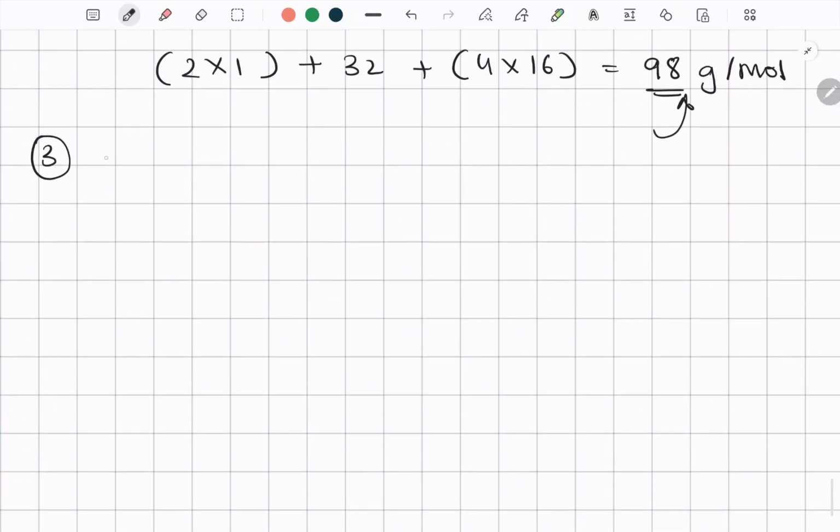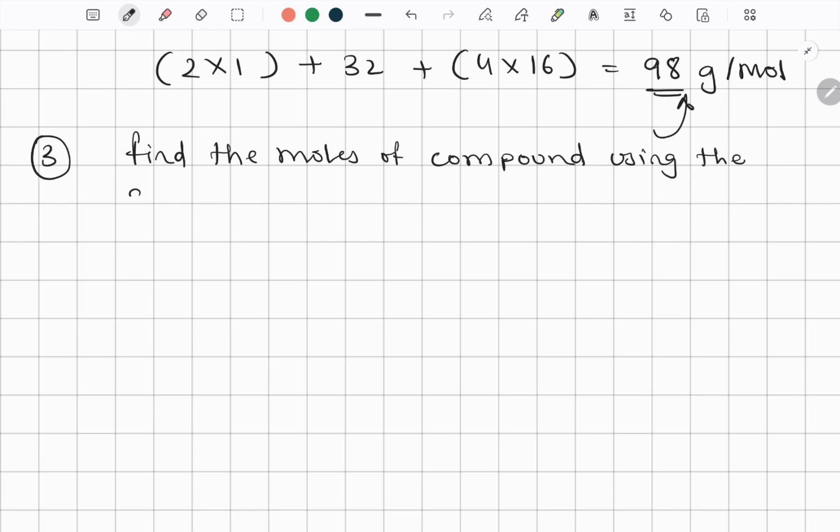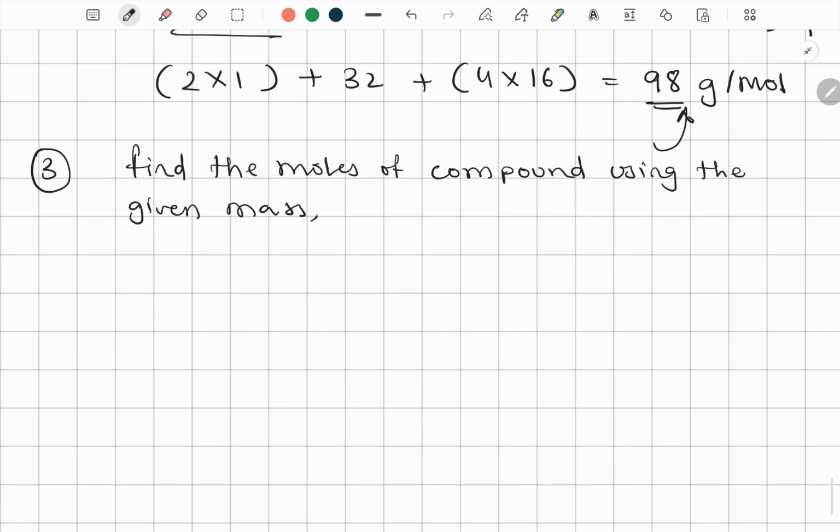So the third step is to find the moles of the compound using the given mass.